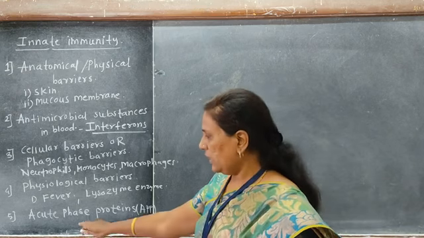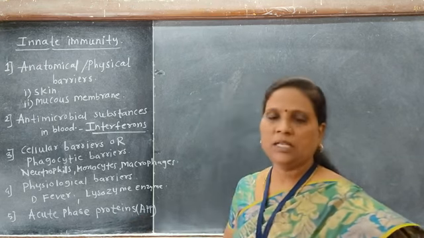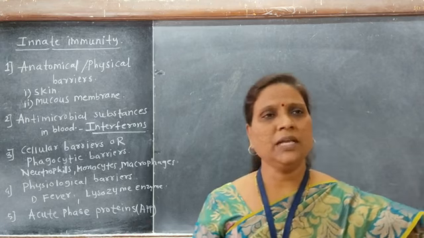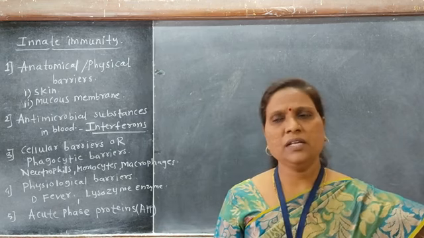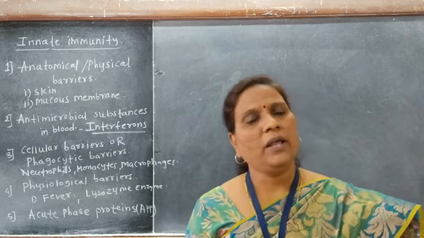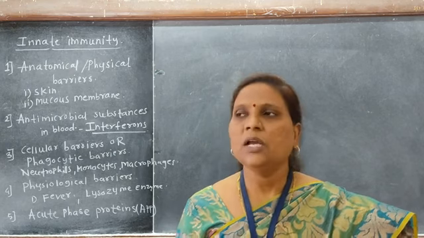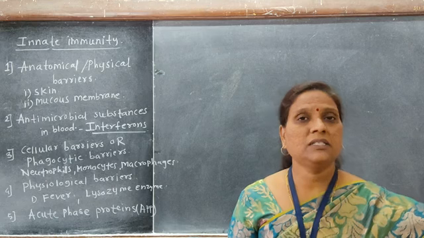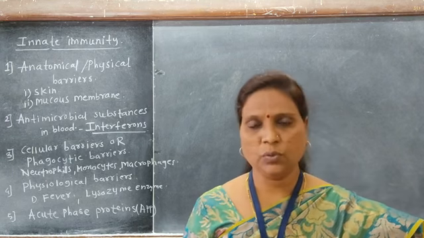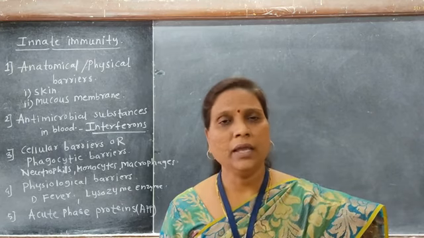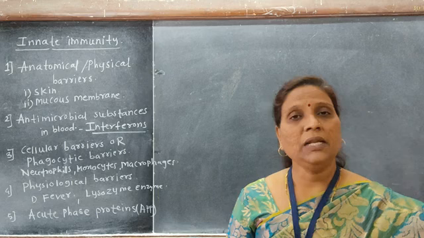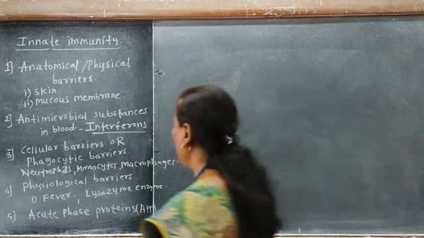And last is the acute phase proteins. Whenever there is an injury or infection, the plasma proteins increase in concentration. They are called the acute phase proteins, which mainly increase the host's resistance.